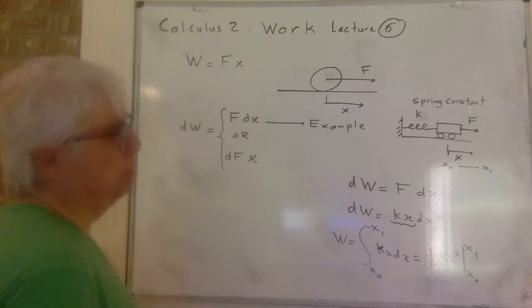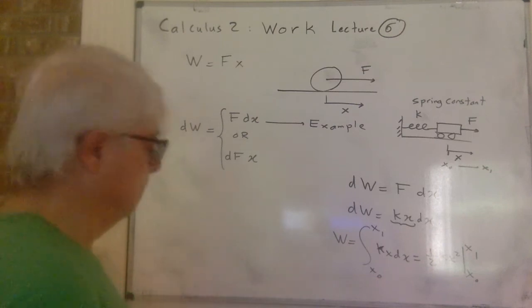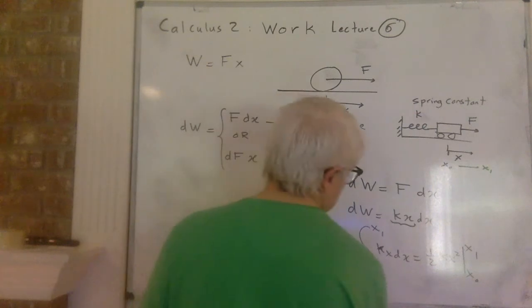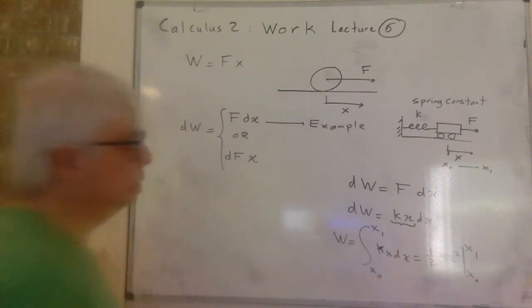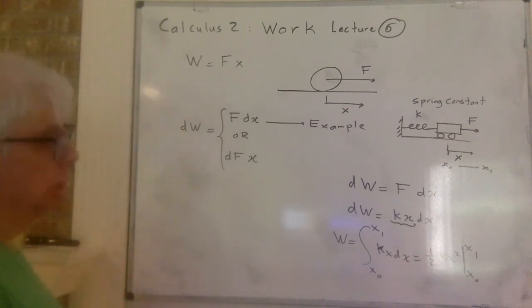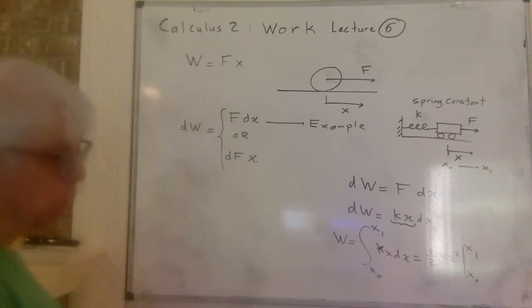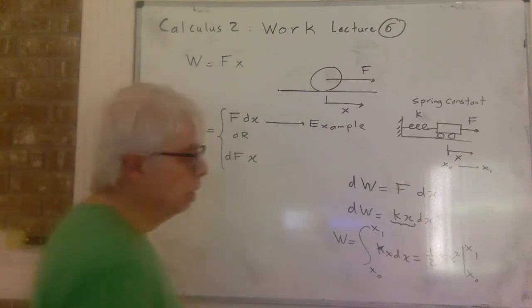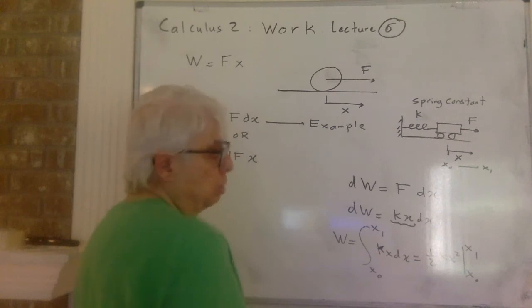This is perhaps the simplest example, and you might have seen in your physics that they write the work as 1/2 kx squared. Maybe they discussed why it is 1/2 kx squared, but you can see where the 1/2 comes from, because that's an integral.